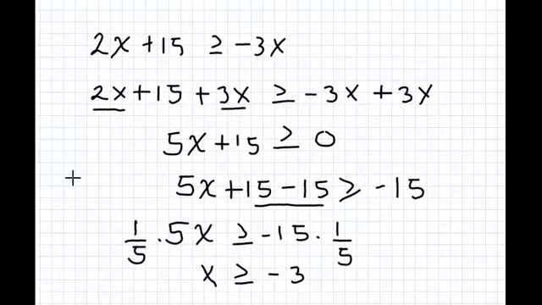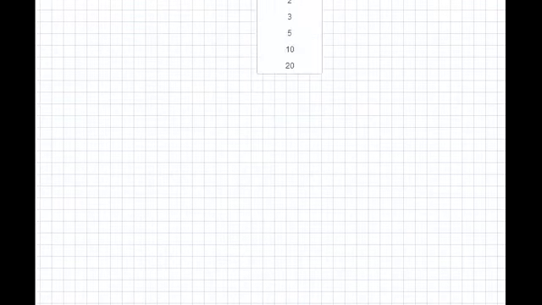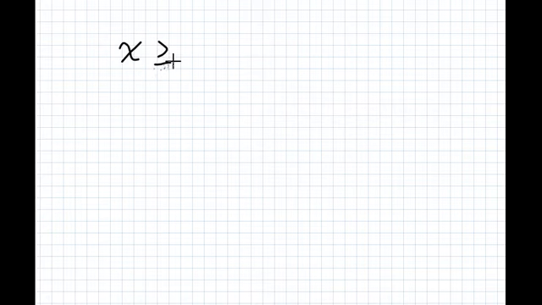So let me just clear this screen here. Okay. So our solution was x greater than or equal to negative 3. Now I'm going to draw a number line.